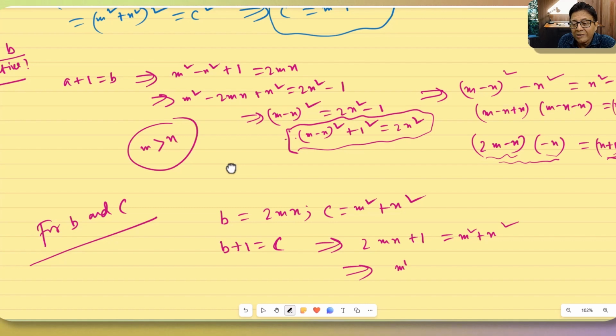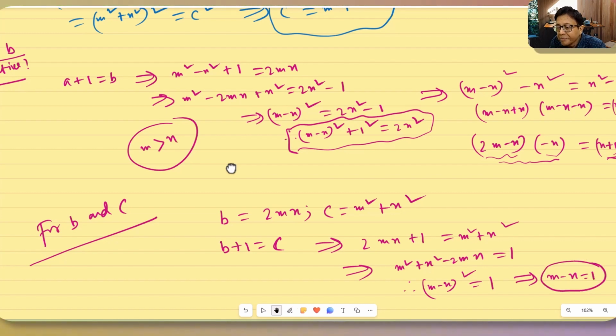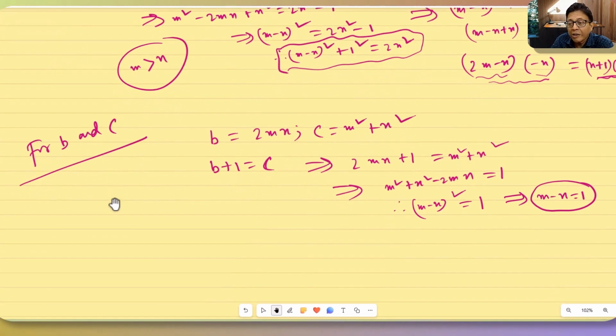This implies m square plus n square minus 2mn equals 1. Therefore, (m minus n) whole square is 1. You don't consider negative integers, so the square root will give you 1 only. Okay? For m minus n equal to 1, this implies that m equals n plus 1.